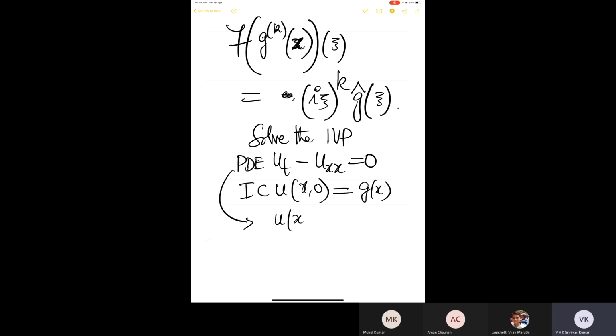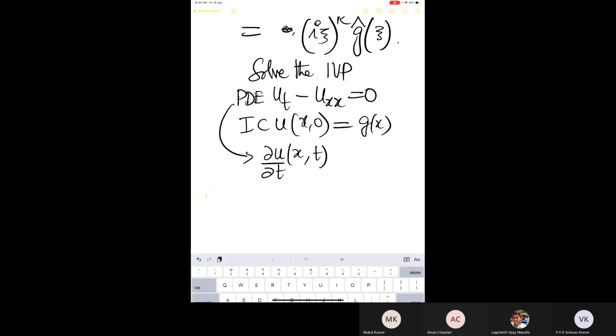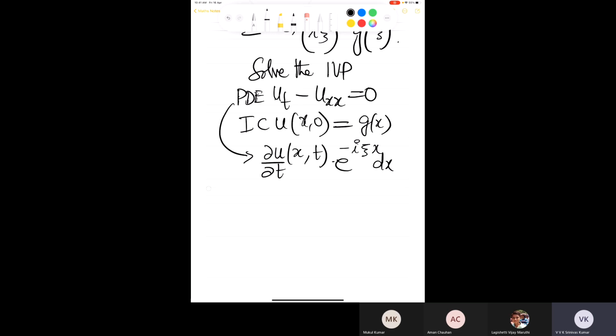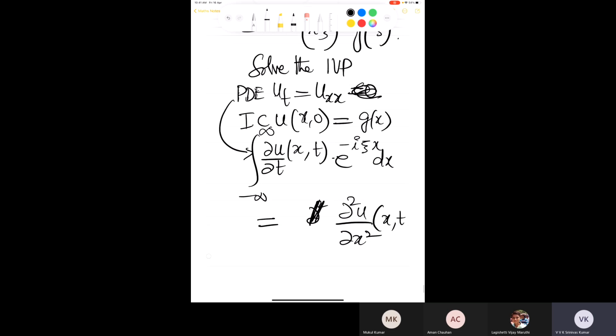You have the function del u upon del t at x, t. What is the Fourier transform of this with respect to x? We multiply by exponential minus i xi x and integrate from minus infinity to infinity dx. And also you have the other side, del square u upon del x square at x, t.